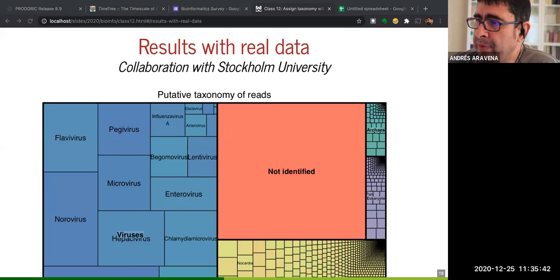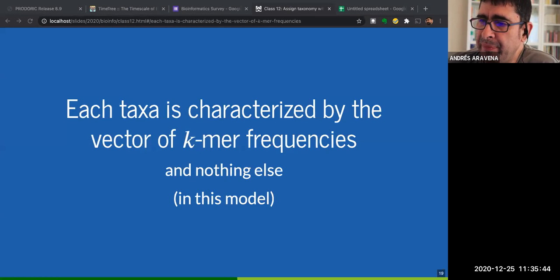So the summary is that each taxon, each organism, but not only the organism, like all the genus, all the sequences in the group, are characterized by a vector of k-mer frequencies and nothing else. In this model, we only care about the frequencies of k-mers, and the rest we ignore, for good or bad. You know that in all these modeling simplifications, we forget that these are molecules, we forget about the 3D structure of DNA, we make a big simplification to represent this molecule with 4 letters, and now we are simplifying even more.